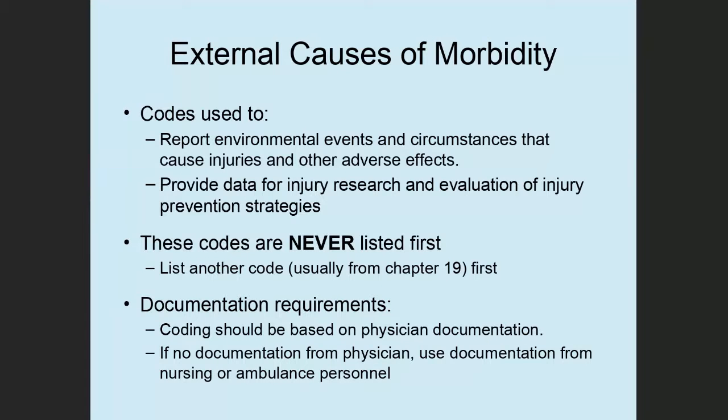Usually you'll have a code from Chapter 19 first, but not always. So it will depend on the circumstances. Now for documentation for external causes, the coding should be based on the physician documentation, but if there's no documentation from the physician, you could also use documentation from nursing or ambulance personnel.